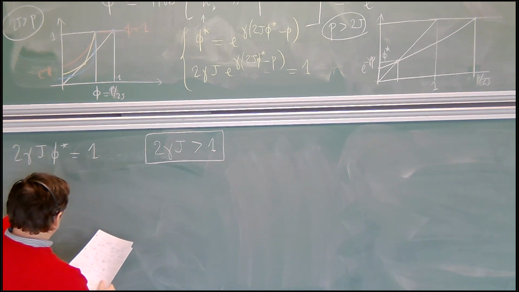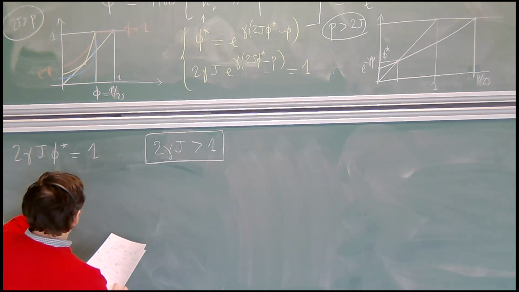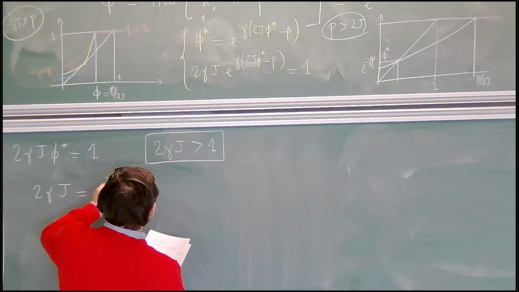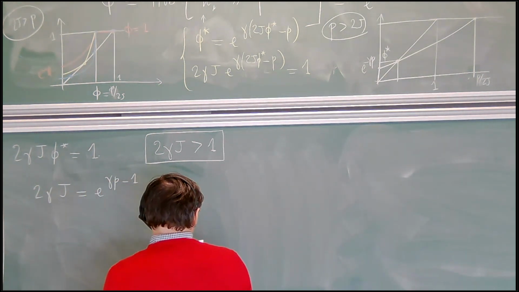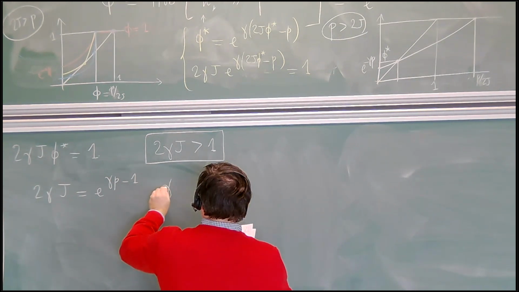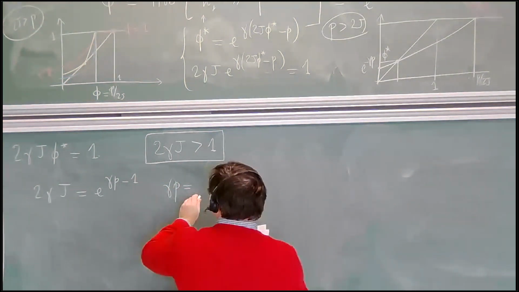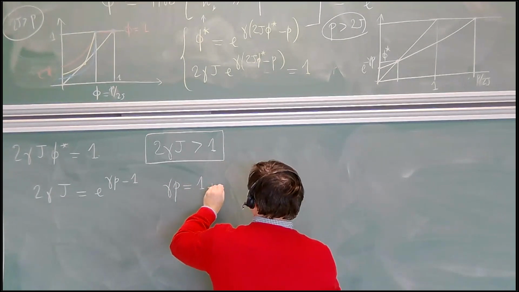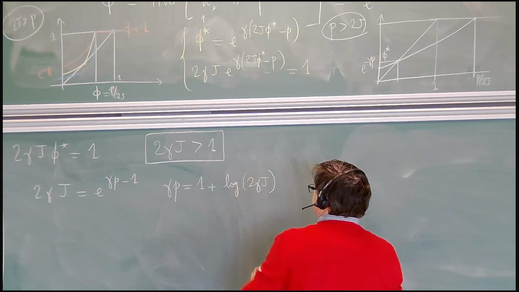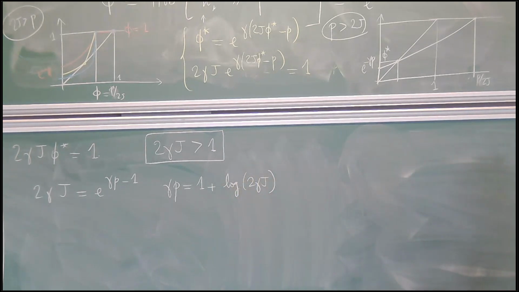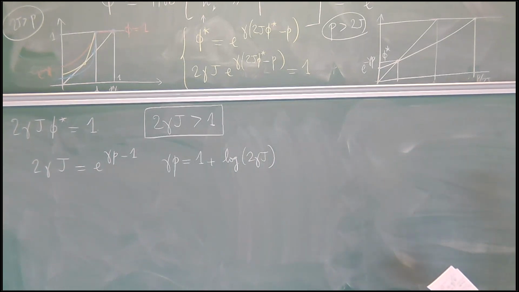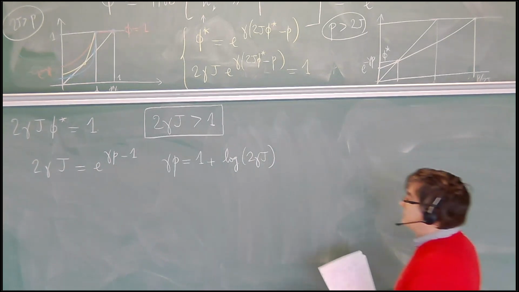I also find that 2 gamma j is exponential of gamma p minus 1. So gamma p is equal to 1 plus log of 2 gamma j. And so this defines a critical point for p, a critical value for p. So let me call it pc.